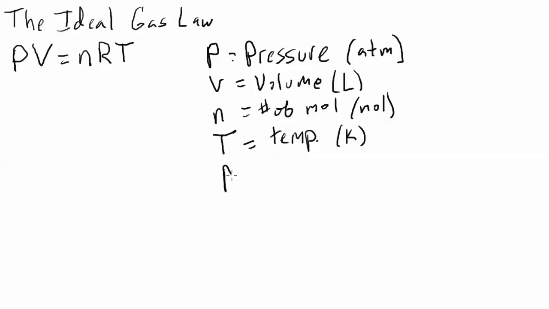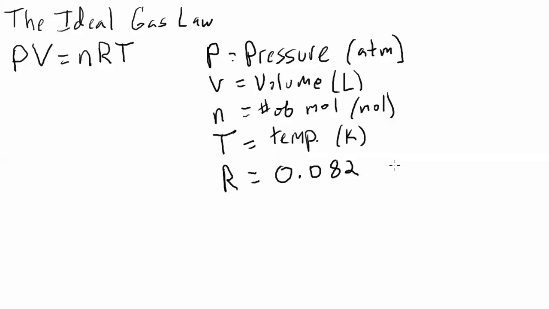R is what's known as the ideal gas law constant. And for this class, we'll always be using the units of atmospheres, liters, moles, and Kelvin. And so for those units, the R value is always going to be 0.082. And it does have units, but it's got a really complex unit.